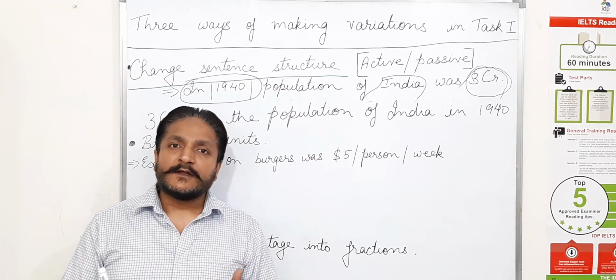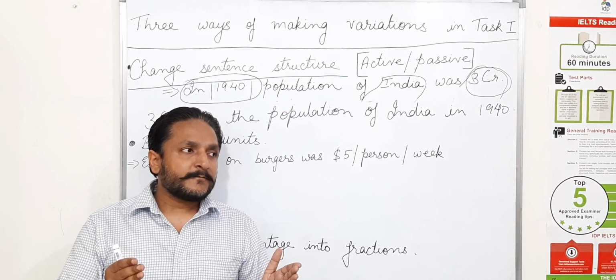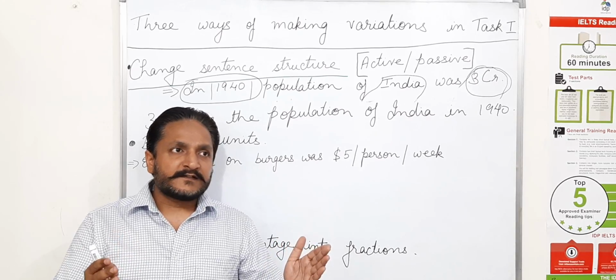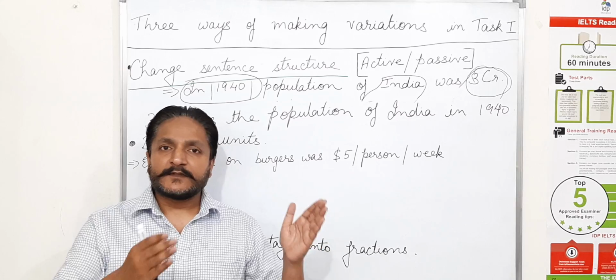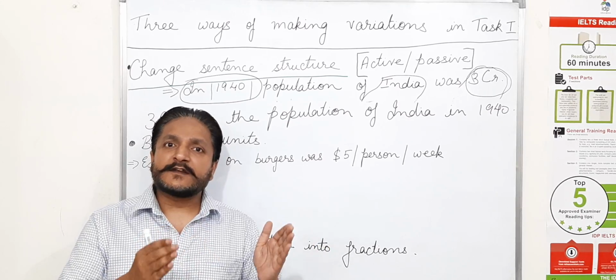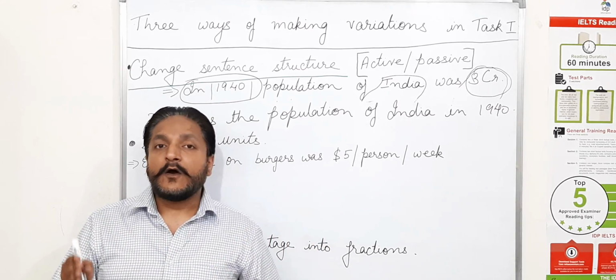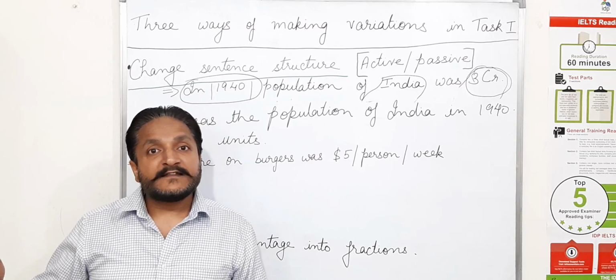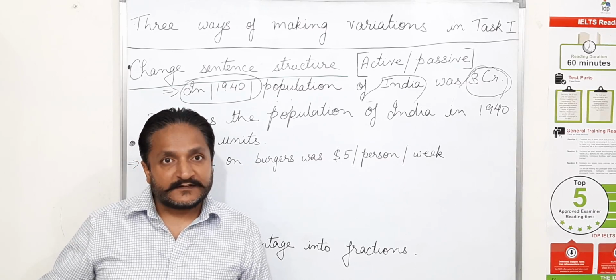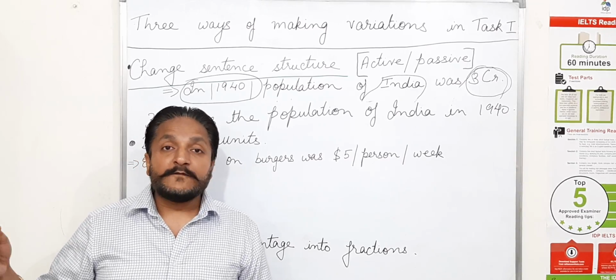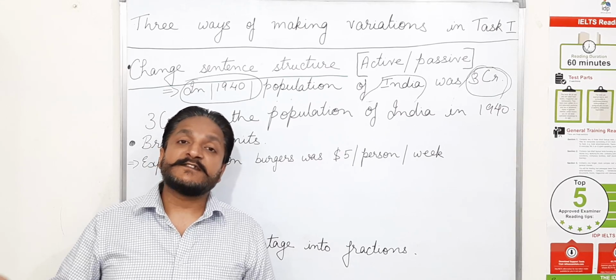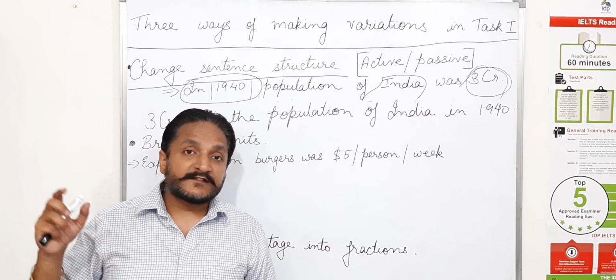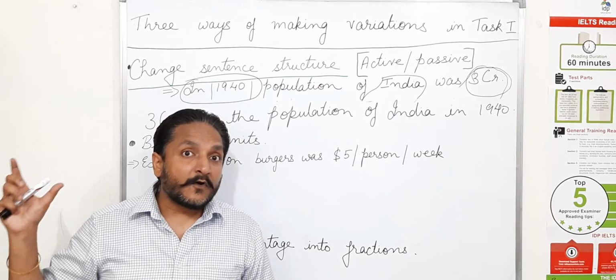For example, there is a very simple sentence that says that detailed description of crime on television has certain consequences. So, if we have to change the sentence construction, we can start the sentence from consequences.